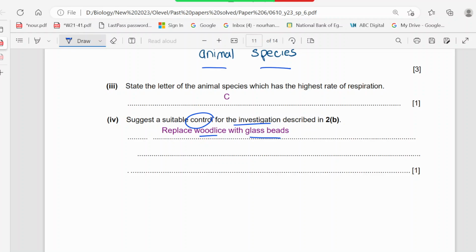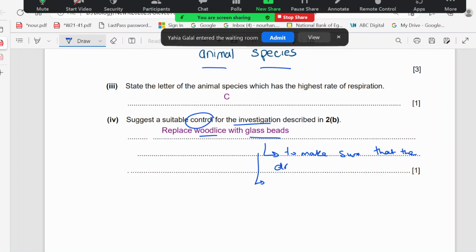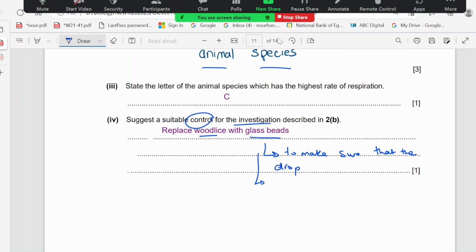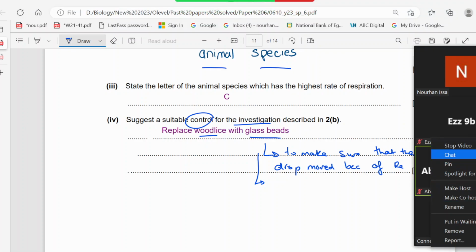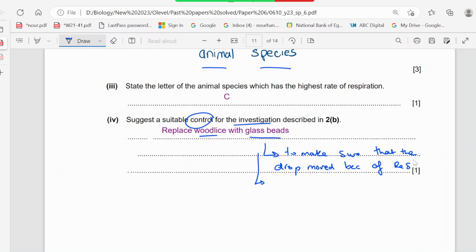So what do I benefit from this? Why do we do this? We said 2 reasons, because if the question comes later, why did I do the control experiment? To make sure that the drop moved because of respiration of the wood lice.